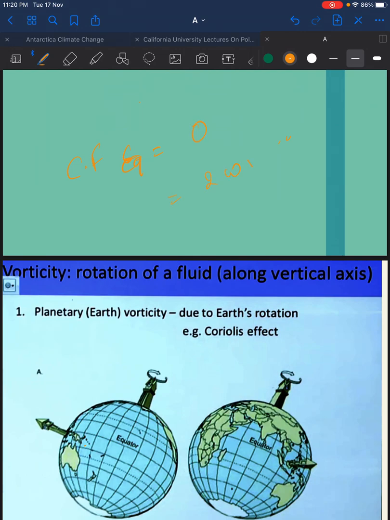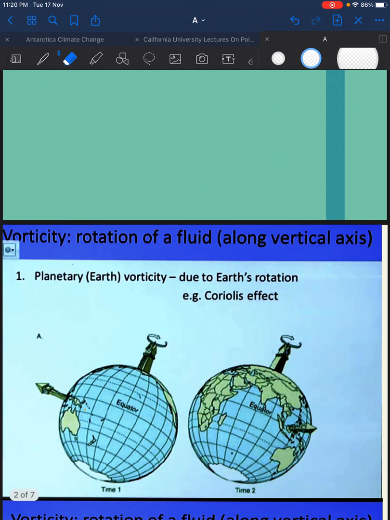We know that the formula of Coriolis force is 2 omega v sine theta, and the value of latitude at the equator is 0. So 2 omega v sine 0, and the value of sine 0 is 0. While at a pole the latitude becomes 90, and for 90 the value of sine theta is 1, and when you multiply 2 omega v with 1, it has the maximum value. So mathematically we can say that Coriolis force at the equator is 0 because sine theta is 0, and at the pole it is maximum because sine theta has the maximum value.